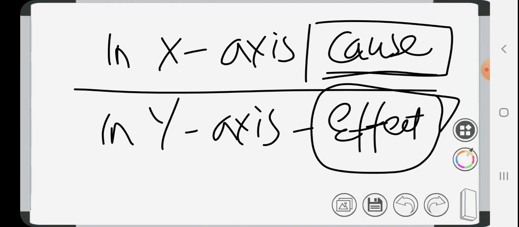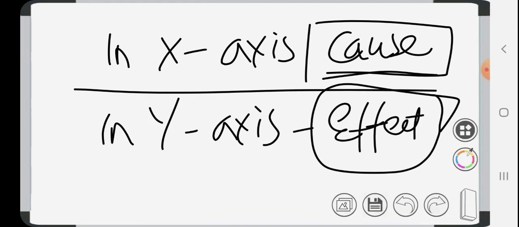Okay. So here in our case, the cause is nothing but strain. Actually, strain causes stress, right? When force is applied, the elongation takes place. So elongation takes place means strain happens. When strain happens, in order to counter the strain, in order to bring the body back to its original size or shape, internal force gets generated.